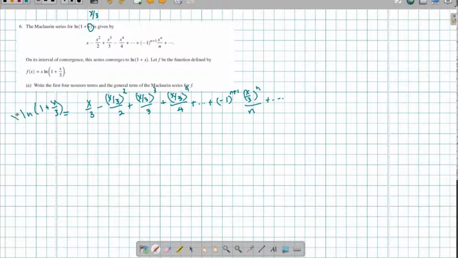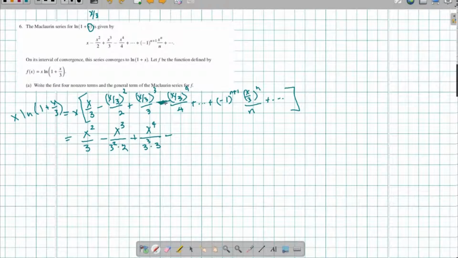Now that's just the natural log of 1 plus x over 3. I still need to multiply that times x, so I need to multiply this whole thing times x. So that's going to give me x squared over 3, minus x times x times x, so x cubed over 3 squared times 2, plus x to the fourth over 3 cubed times 3. This was a minus sign, thank you.